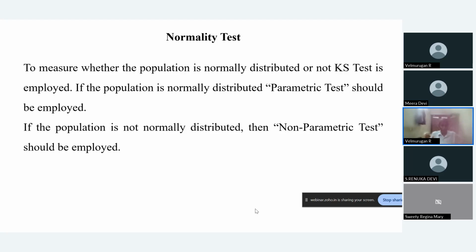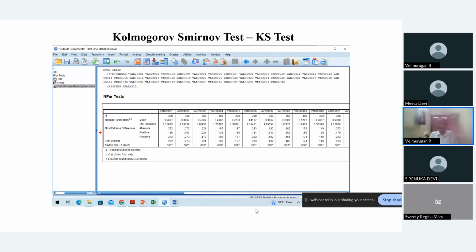If the computed value ranges between these two extreme ends, we can say the population is normally distributed. Or if you make use of the KS test, if the calculated p-value is greater than 0.05, we can say the population is normally distributed. If the p-value is less than 0.05, then it is inferred the population is not normally distributed.